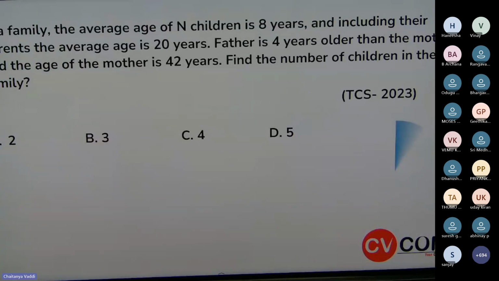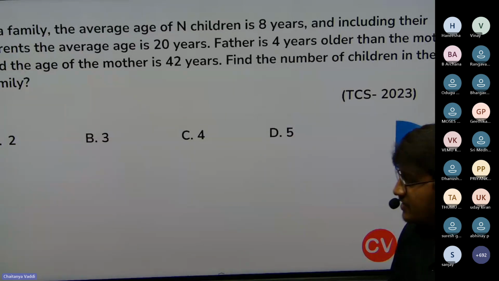Yes, this question was asked in TCS 2023, the same question. The timer has already started. Try to solve that question in a minute.